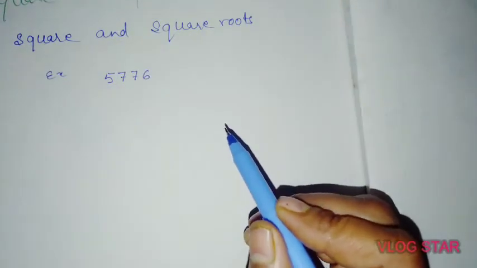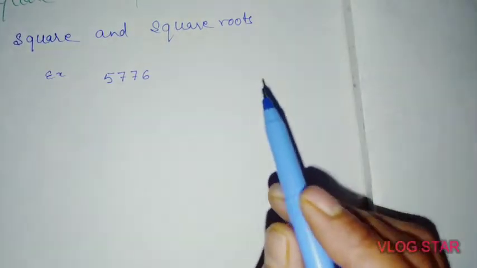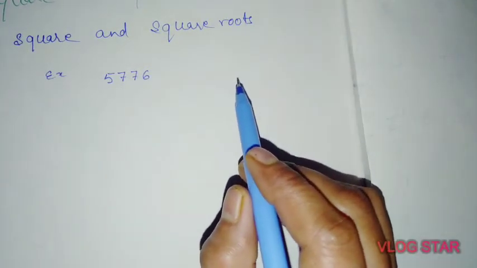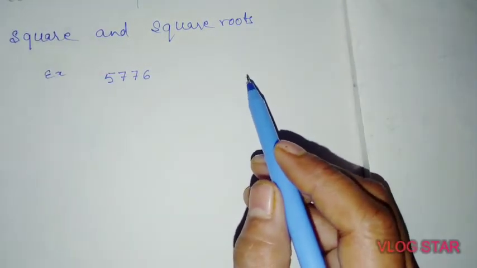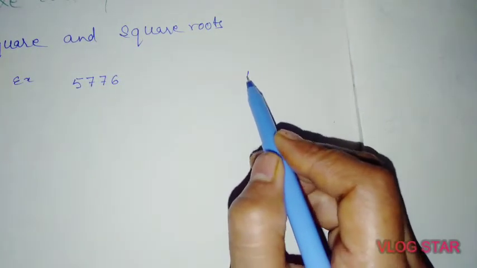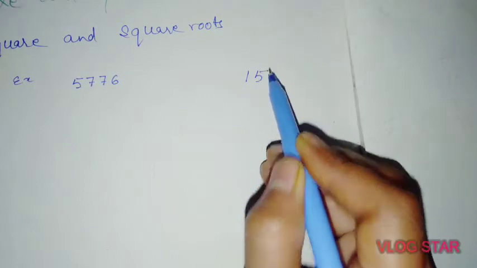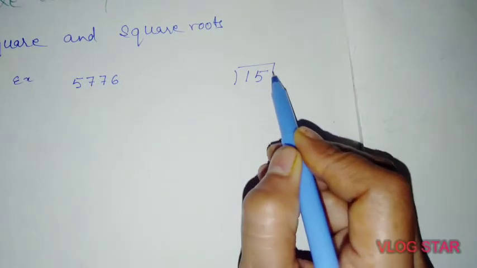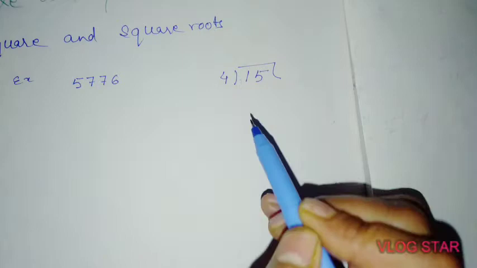To find the square root, you have to recall the method of division. In the division method, just take an example of 15, to be divided by, suppose, 4.